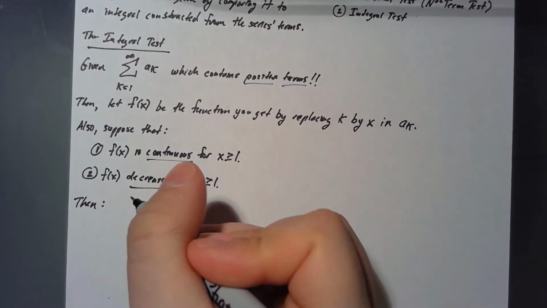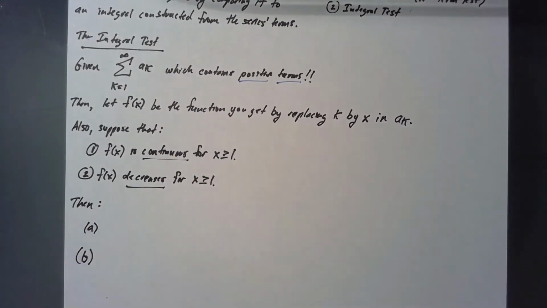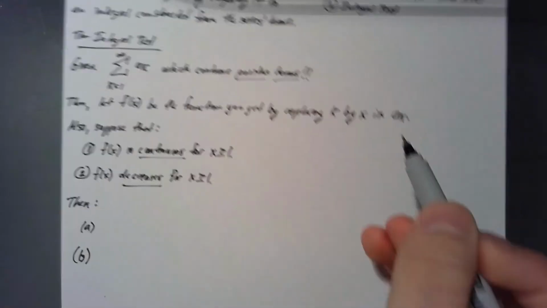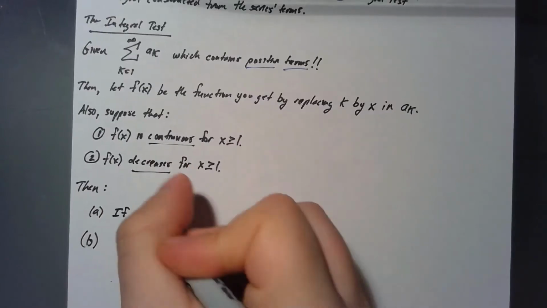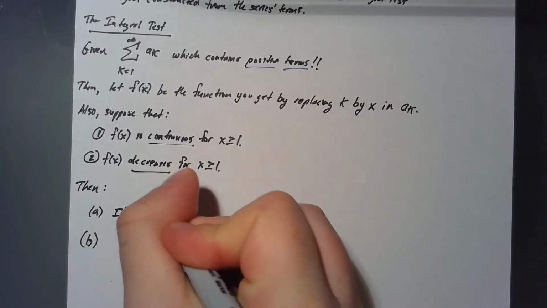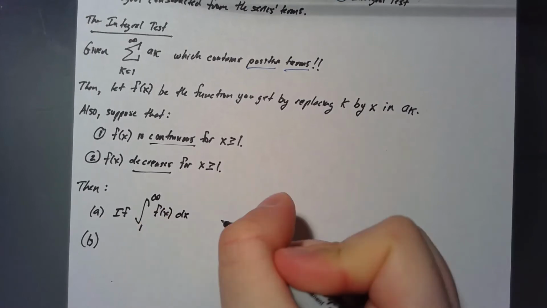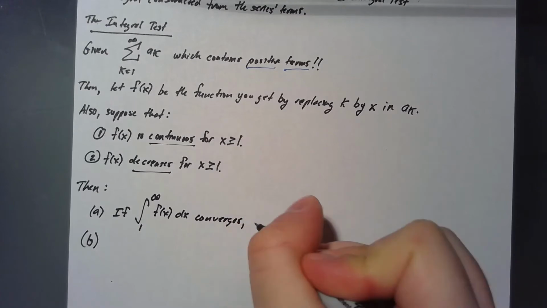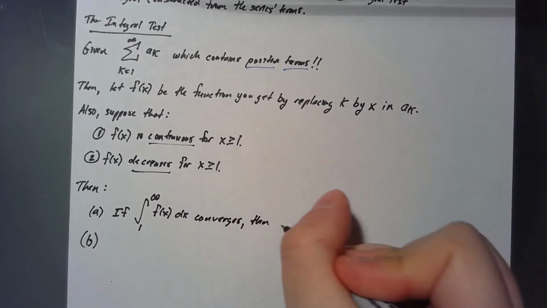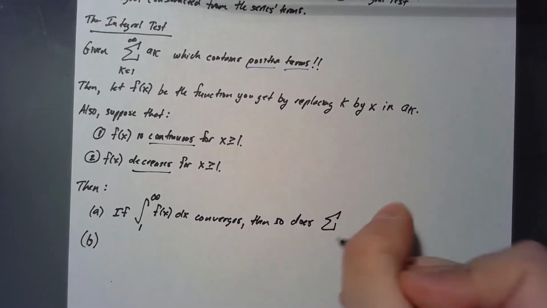Then I can have either one of two conclusions by the integral test. If the integral from 1 to infinity of f of x dx converges, then so does the original series.